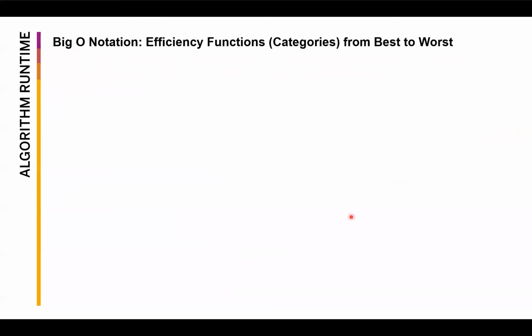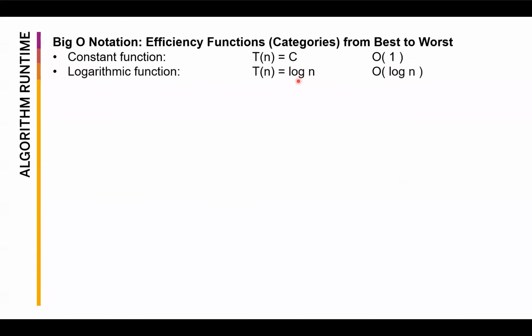First we have the constant function. If your runtime is equal to a constant, then we can say that it's an O of 1. If it's a logarithmic function, which means that our runtime is log n, then our category would be O of log n.